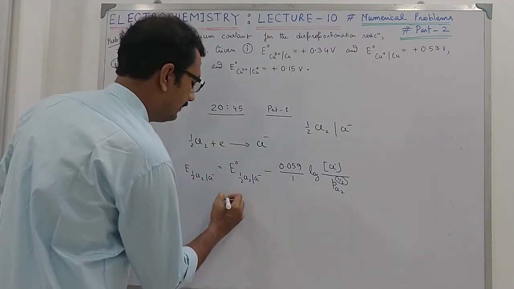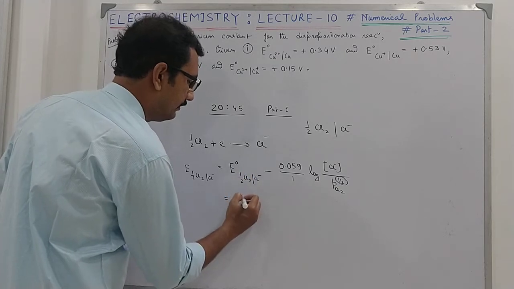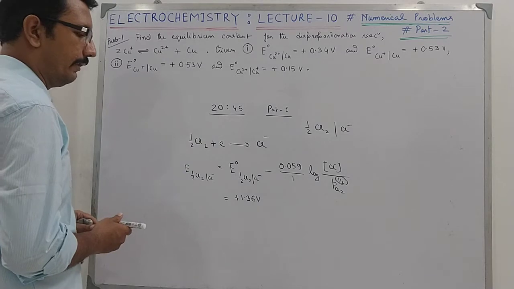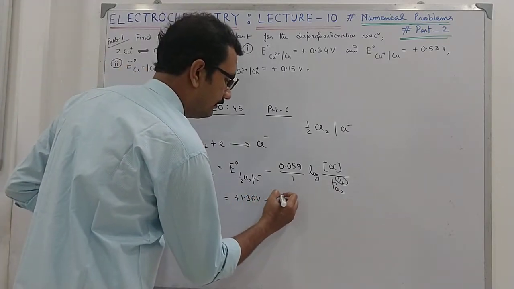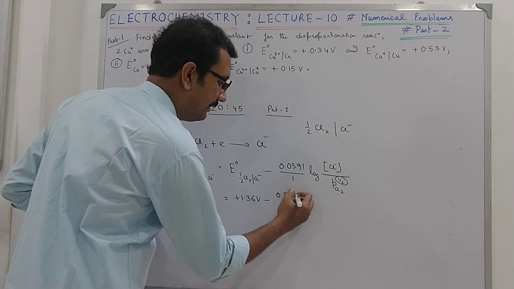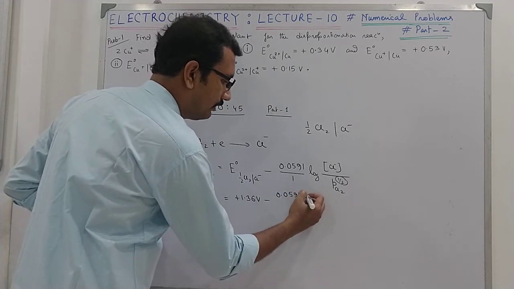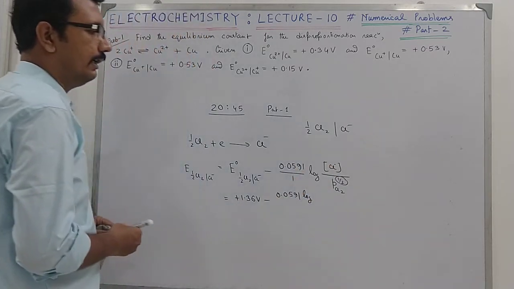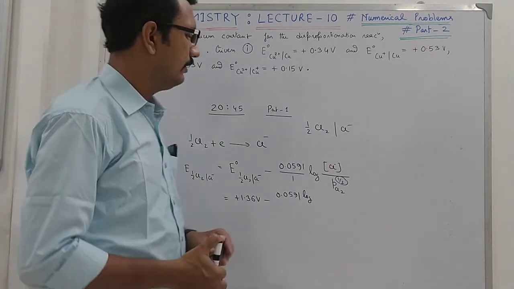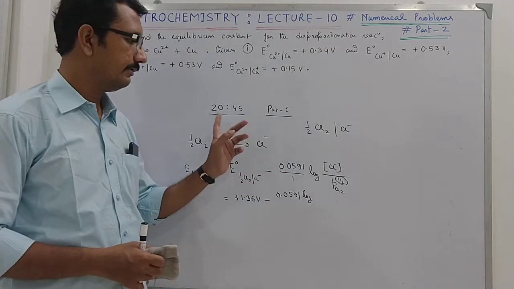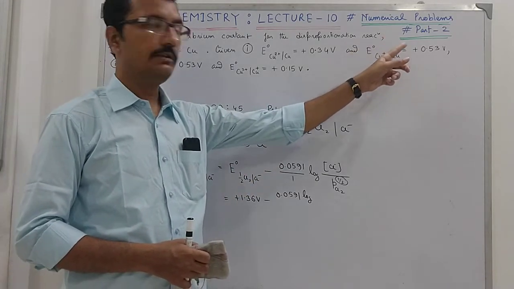Now if you continue it, you see this was given as plus 1.36 volt, and n will be 1 here, so it is 0.0591 log, and it is the Cl minus concentration, I cannot remember. So now you know the method was given in that part.